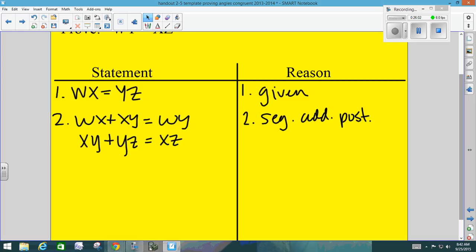It takes a second with all those segments. If I'm not thinking what you're thinking, stop me. wx is the same as yz, so we could throw them there, right? Because wx and yz are the same, they equal out on the side, and then xy is on each side because it's the same.